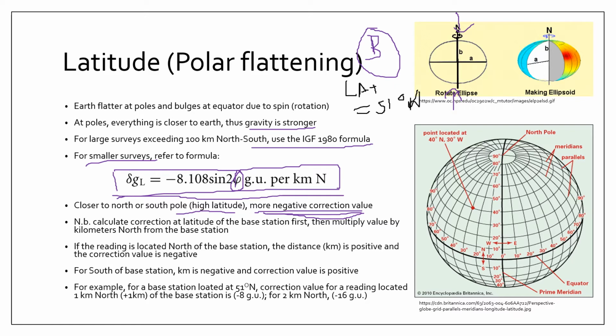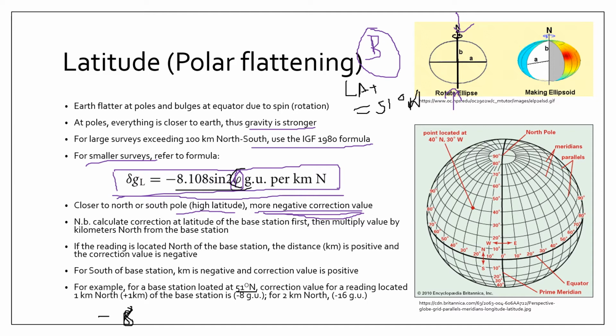Okay. So if your latitude in that base station is 51 degrees north, then just plug that 51 degrees in this formula. All right. And then the value of that is around 8 GU, all right, per kilometers north.